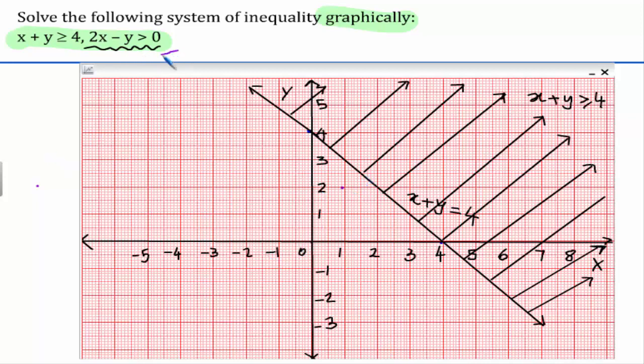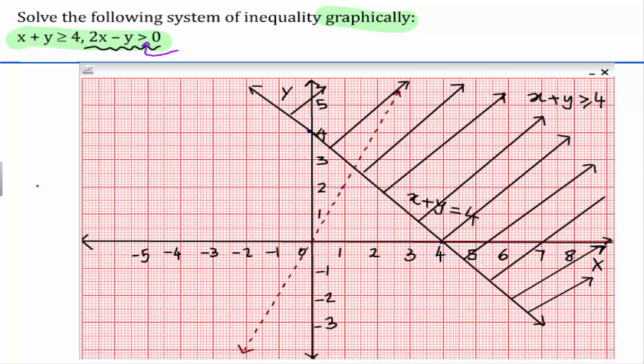And one more thing you need to observe, here is only greater than symbol, therefore we have to draw the dotted line for this. Here is the line. Very important point is that you have to draw the dotted line for this because it is only greater than symbol.